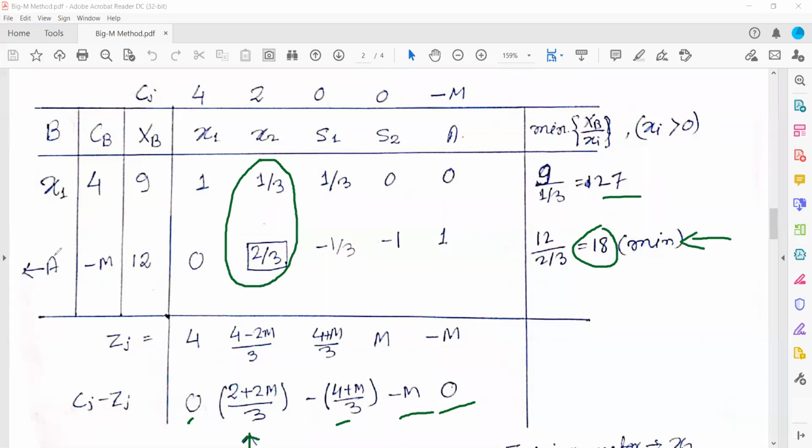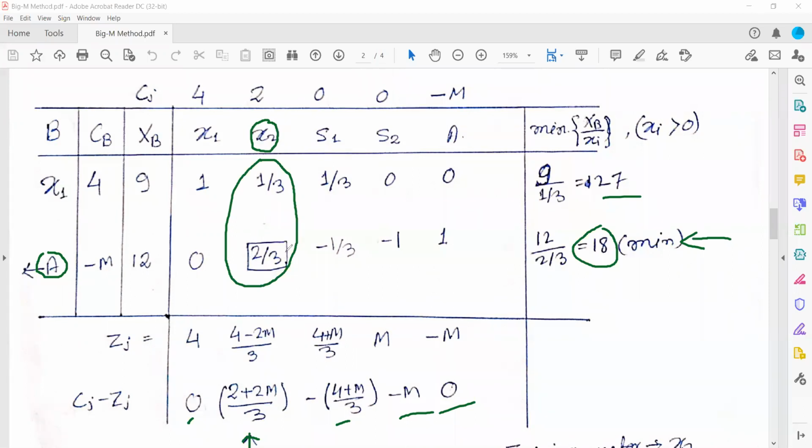That means the outgoing vector this time is A, and the incoming vector is your X2. So in the next step, A will be replaced by X2, and the intersection of the key column and key row is this one. So 2 by 3 is the key element.